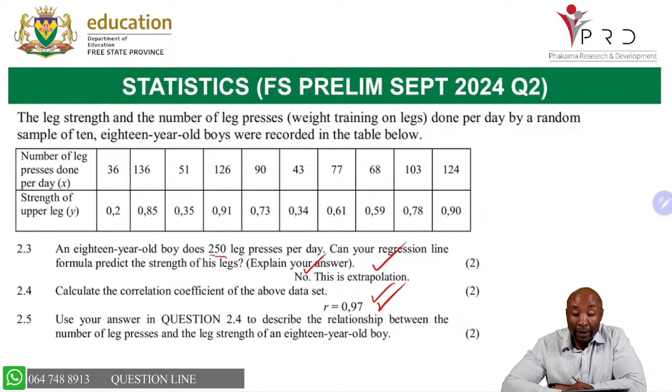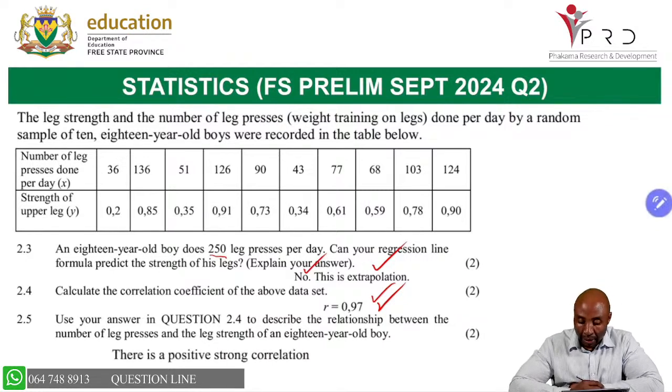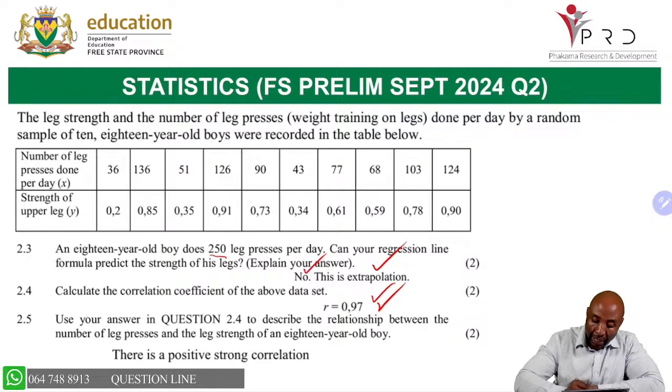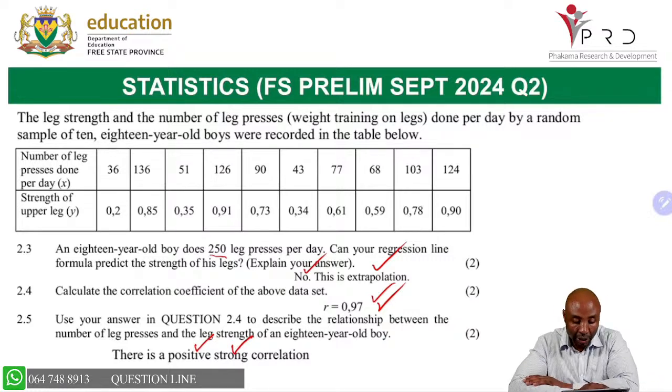So now, remember, I said we have our correlation coefficient, and there is a very strong positive correlation. So you get a mark for the comment, strong correlation, as well as commenting whether it's a positive or a negative relation. There you get your marks.